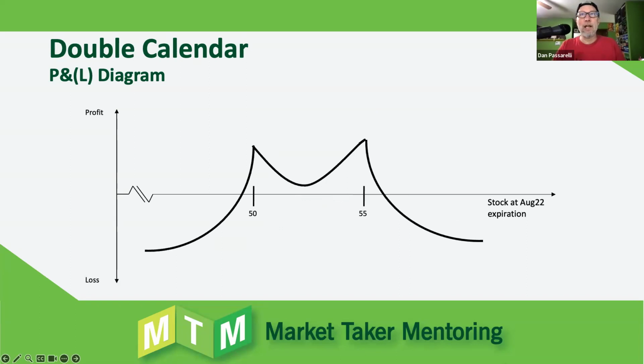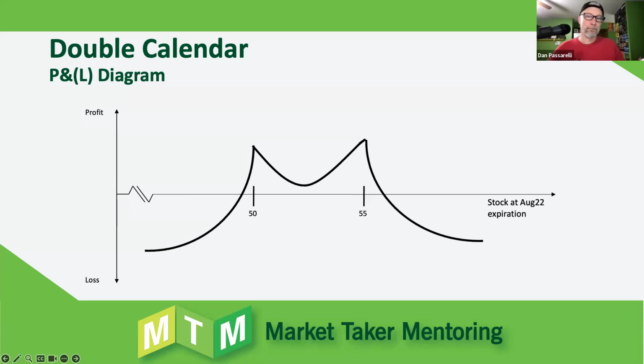It turns into like Barnum and Bailey's Big Top. There's a sag in the middle of the circus tent there. So what does this imply to us? What's the benefit here? What's going on here?